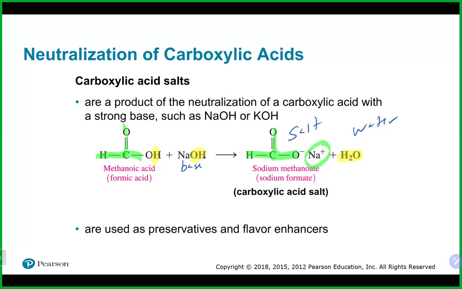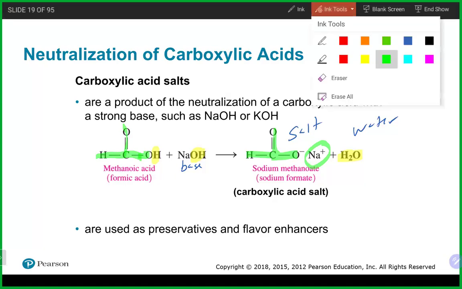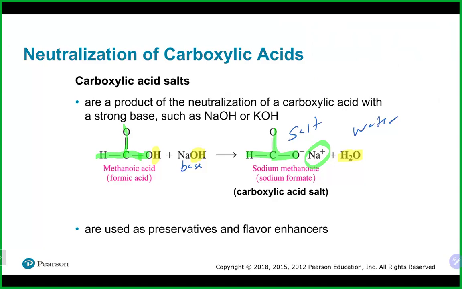So if you react a carboxylic acid with a strong base, you basically will make a carboxylic acid salt, as it is referred to, and you'll make water, just like a normal acid-base reaction. In terms of the carboxylic acid, as we see there, nothing really changes other than you just take the hydrogen off. So everything else will basically remain the same as you go through there. It will become more negative as well. Question on that there.